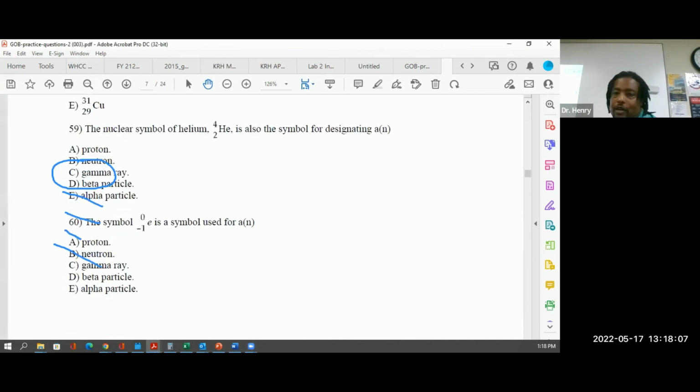Okay, so nuclear chemistry, again: the nuclear symbol for helium, He 4 2, is also the symbol for designating a proton, a neutron, a gamma ray, a beta particle, or an alpha particle.